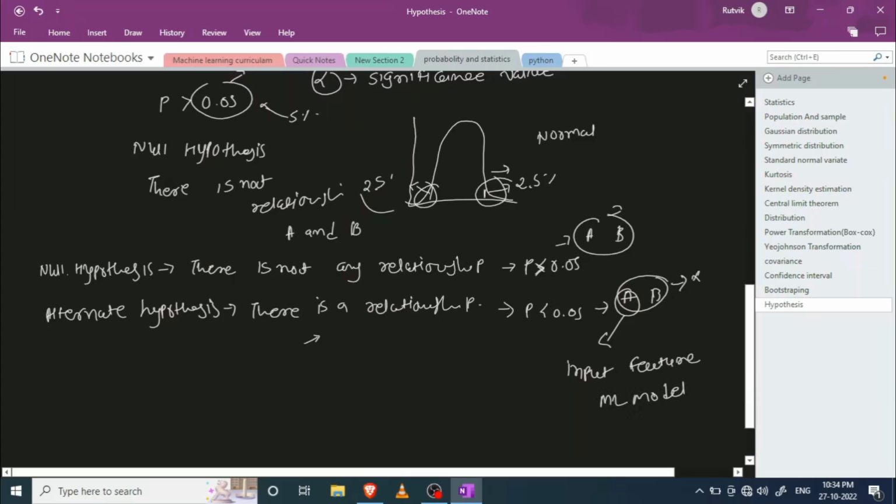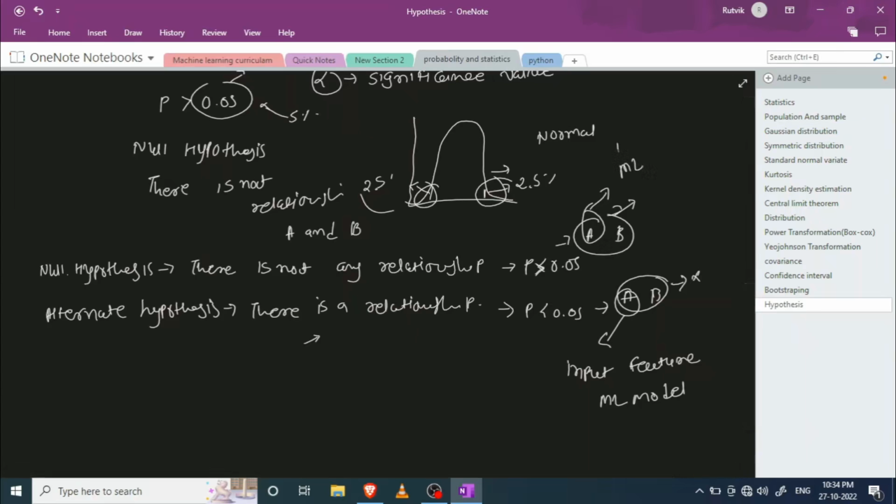If there is some relation, then I'm going to use this independent variable as an input feature. So this is all about the null hypothesis.